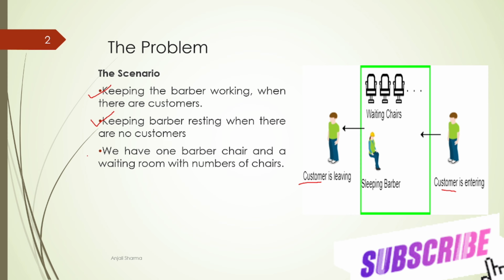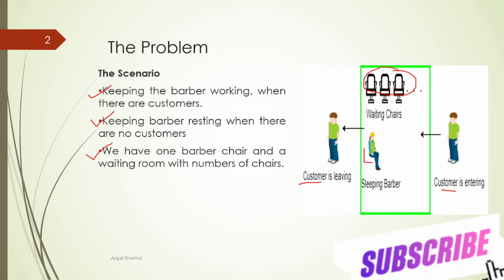And the third one is that we have one barber chair and a waiting room with a number of chairs. The barber is sitting on a chair. That is one resource, the chair, and there are certain chairs which are empty in the waiting room. If there is no customer in the shop, the barber will occupy that chair and be sleeping.